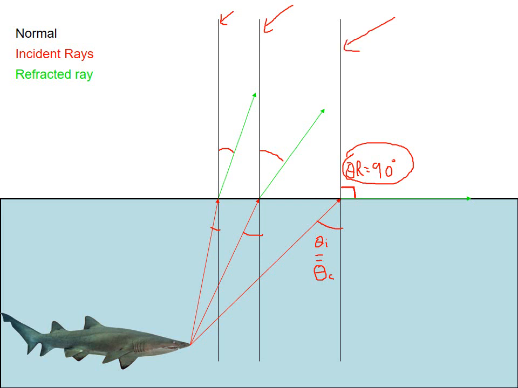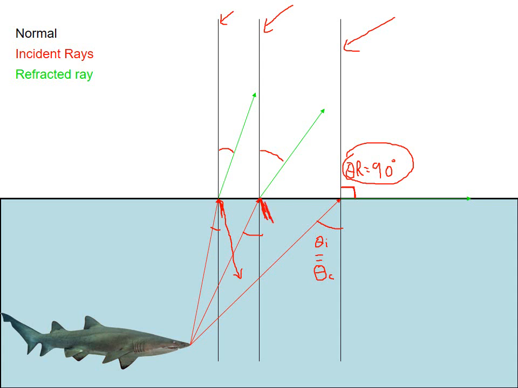That critical angle really depends on what your media are. If it's water and air, the critical angle will be different than if it was water and honey, for instance. The other thing I want to point out as well is, like I said, there's always a little bit of reflection happening according to the law of reflection. And so the idea is that the energy is split between the refracted ray and the reflected ray.